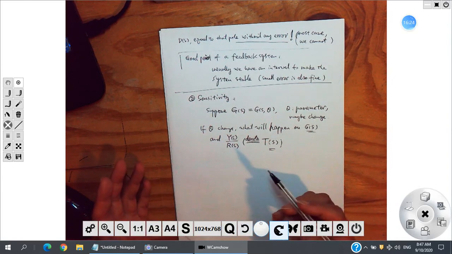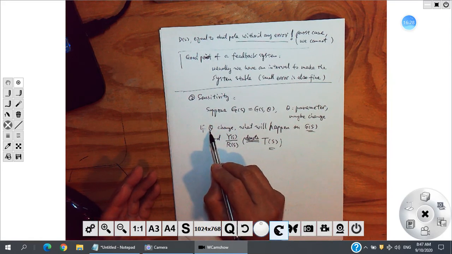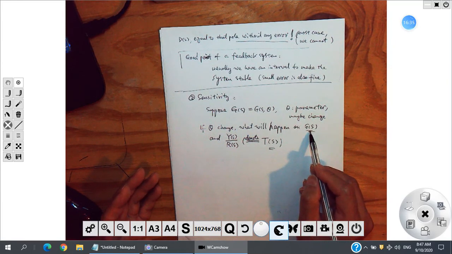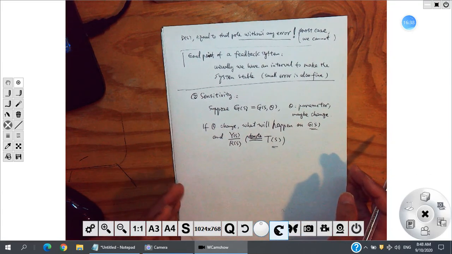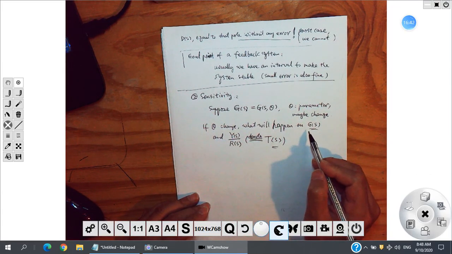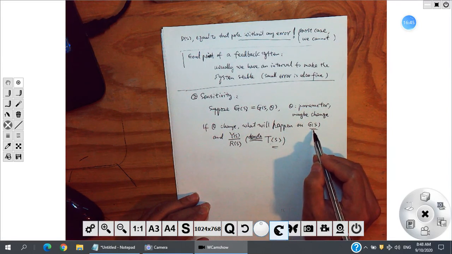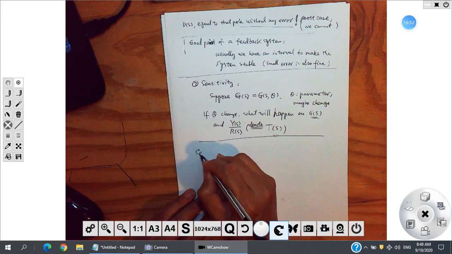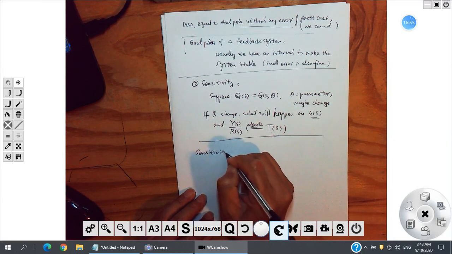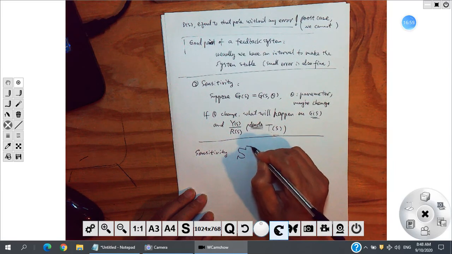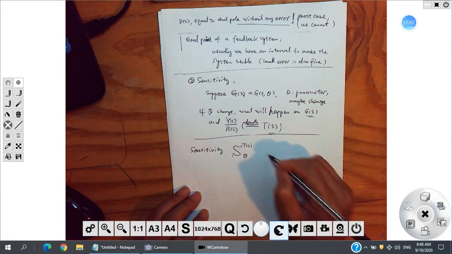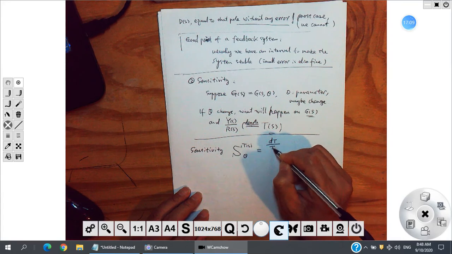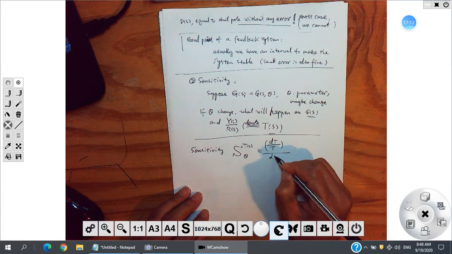The good case is a small change on theta causing only a little change on T and G. The not so good case is a small change on theta causing a large difference on T or G. This is sensitivity, and we denote the sensitivity of a transfer function with parameter theta as dT over T divided by d theta over theta.